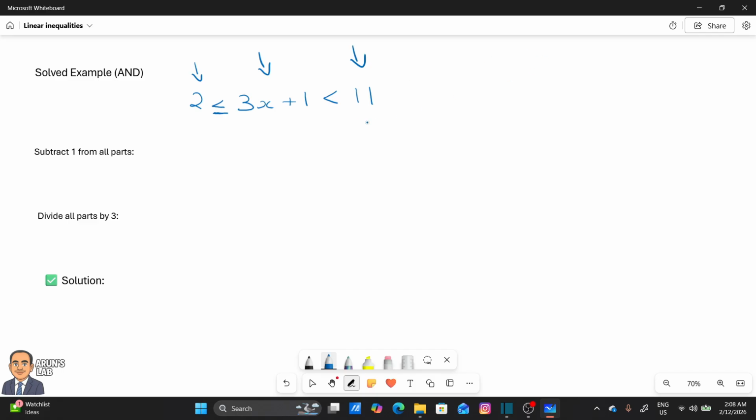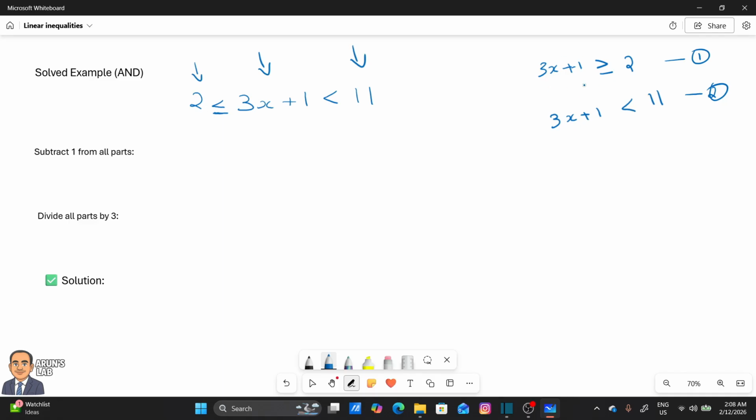For example, the original separate inequalities are: 3x plus 1 greater than or equal to 2. The second is 3x plus 1 less than 11. These are the two separate inequalities.